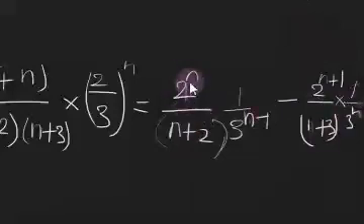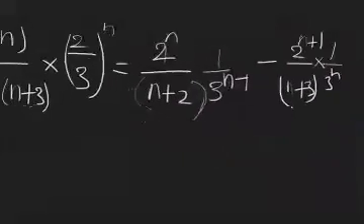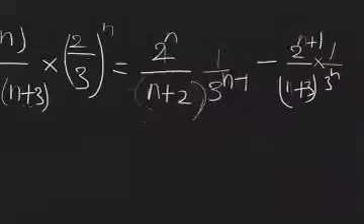If you replace n with n plus 1 here, this makes this term exactly this term here. So this becomes 2 to the power n plus 1, and your denominator becomes n plus 3 times 3 to the n. So pretty simple.